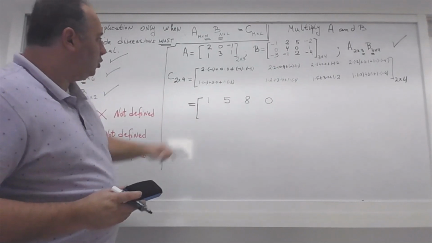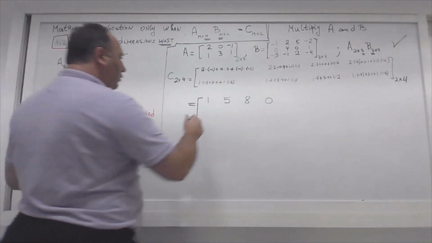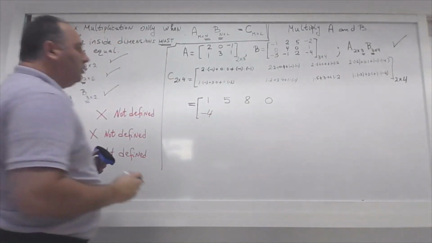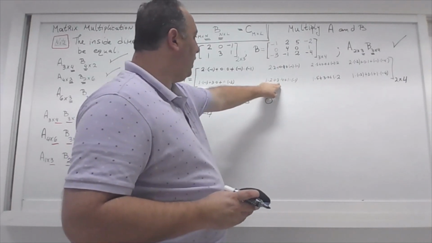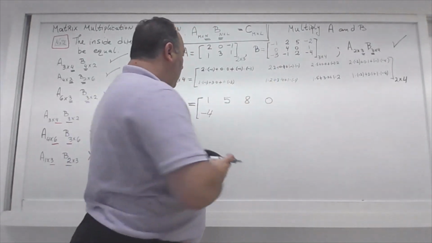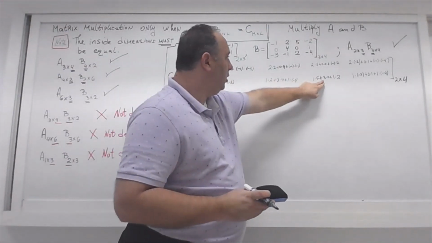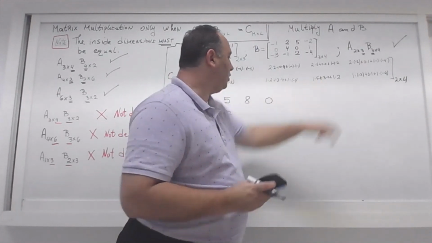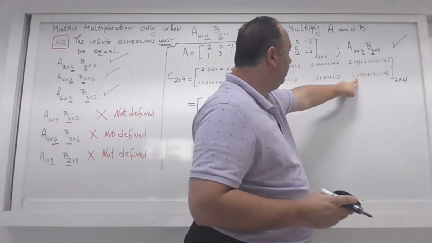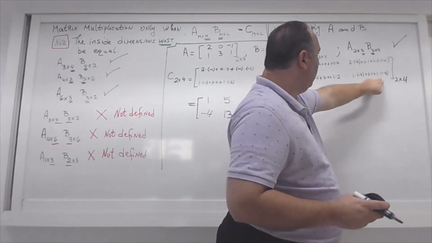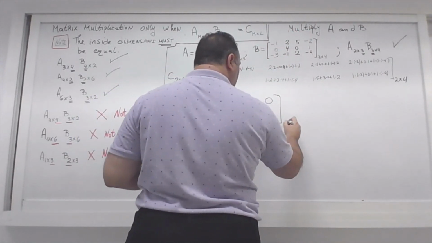Entry 2,1: negative 1 plus 0 minus 3, so that's negative 4. Entry 2,2: I have 2 plus 12, that's 14, minus 1, that's 13. Entry 2,3: 5 plus 0 plus 2, that's 7. The last piece: negative 2 plus 3, that's 1, minus 4, that's minus 3. Again, this is 2 by 4.